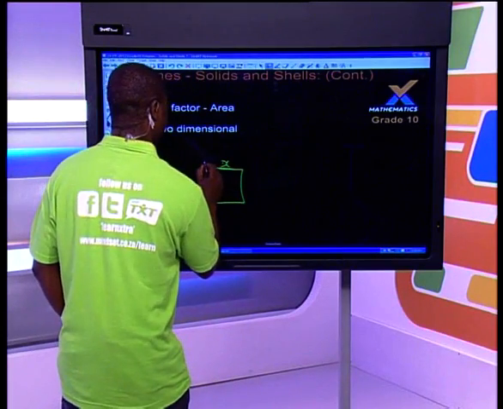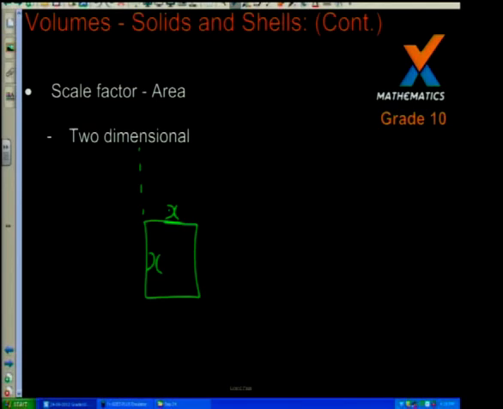So this side doubled becomes 2x, and if you double this side, you end up with 2x again. So now that is the area that you will have in the end. And this one is pretty obvious because you could actually say, well, this new area has got 4 equal blocks that come from the same. But now, how do we show that?